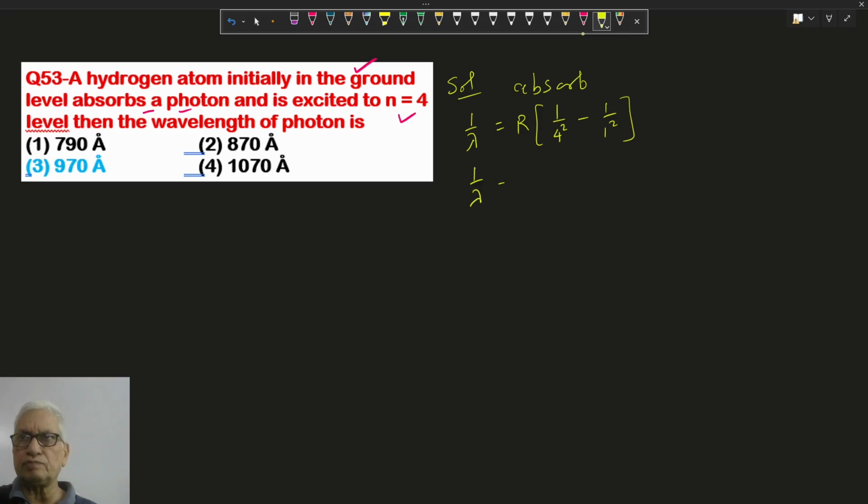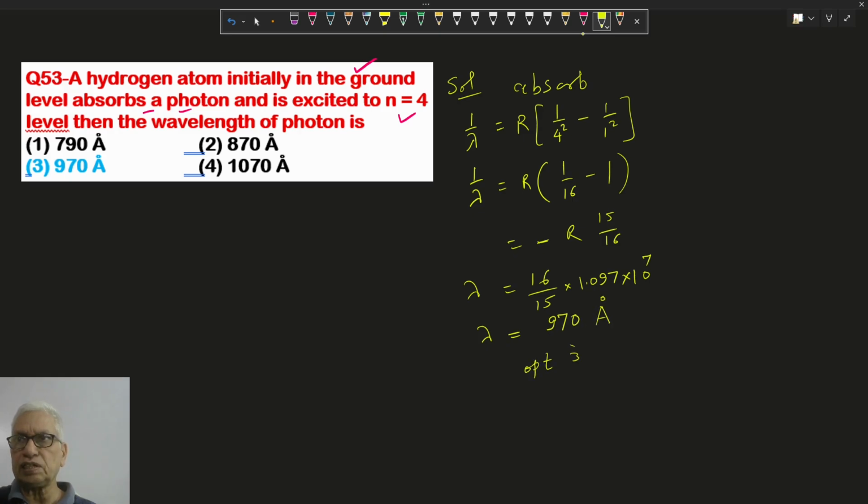So 1 by lambda equals R times 1 by 16 minus 1, that is minus R 15 by 16, so lambda will be 16 by 15 R, where R is the Rydberg constant 1.097 into 10 power 7. We omit the negative sign because the wavelength is absorbed, so that's why the minus sign comes. Solving it, we get 970 angstrom. So option 3 is correct.